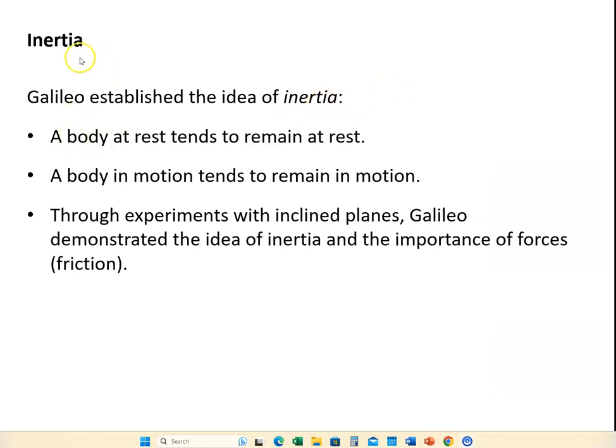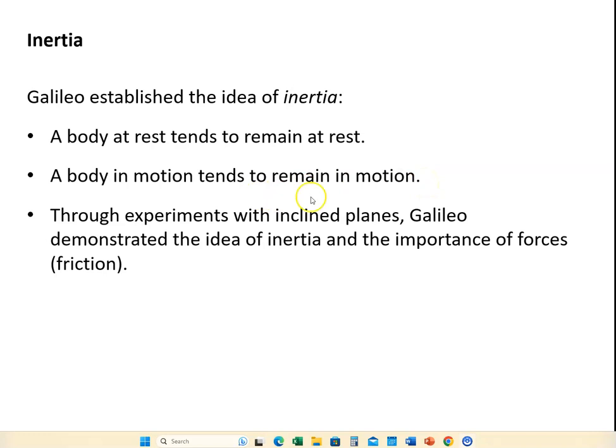All right, so Galileo had this idea of inertia, and these are some of the ideas that Galileo came up with as far as what inertia is. Inertia is when a body is at rest, it'll remain at rest. When a body is in motion, it'll continue in straight line motion.